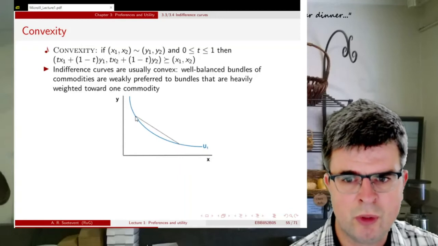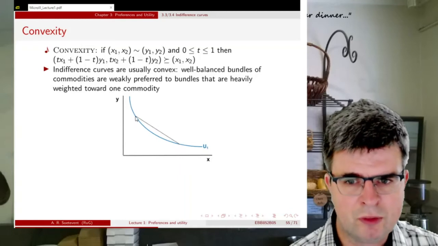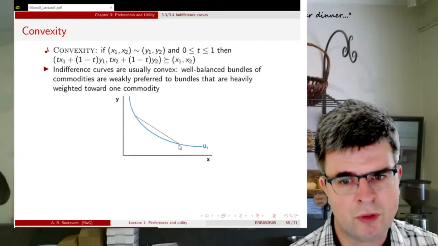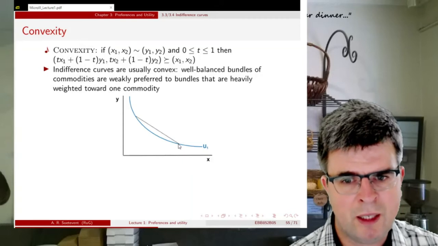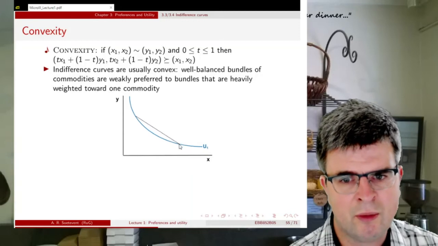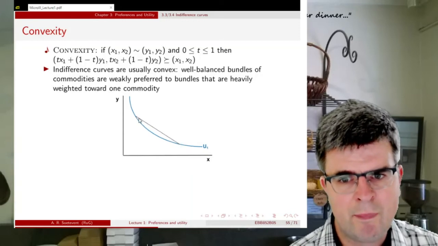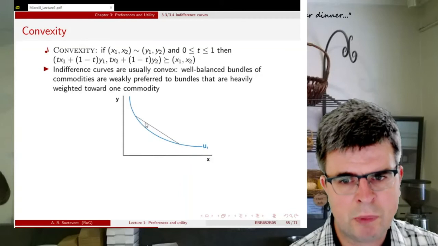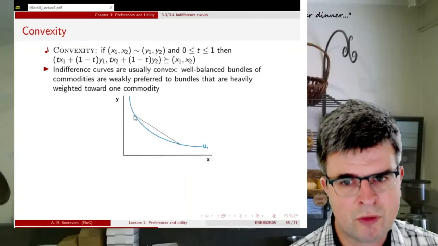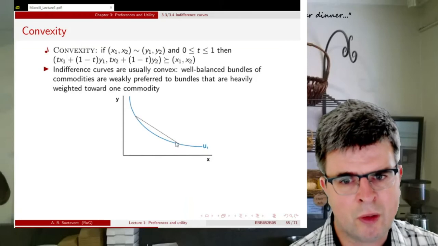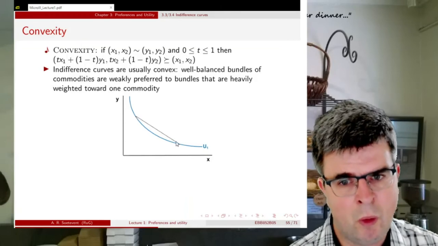So if you have 2 bundles here on the same indifference curve, so the bundle over here and the bundle that you observe over here, convexity implies that if you take a linear combination of these 2 bundles, so a dot here on the black line, then each bundle on this black line must be preferred to either of the original bundles. So all points on this black line must be at least at a utility level equal to U1.